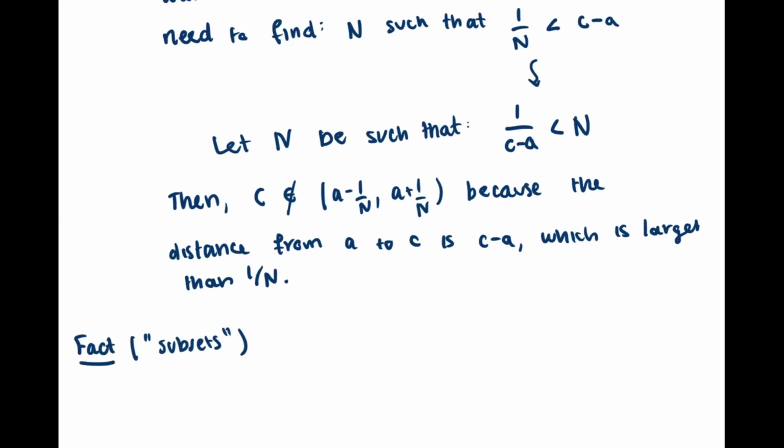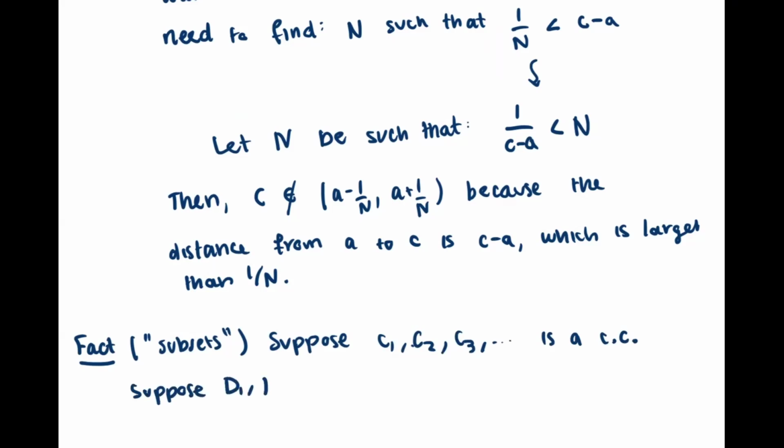So let's suppose C1, C2, C3, and so on is a collapsing collection. And let's also suppose that D1, D2, D3, and so on is a collection of intervals satisfying the following two conditions.